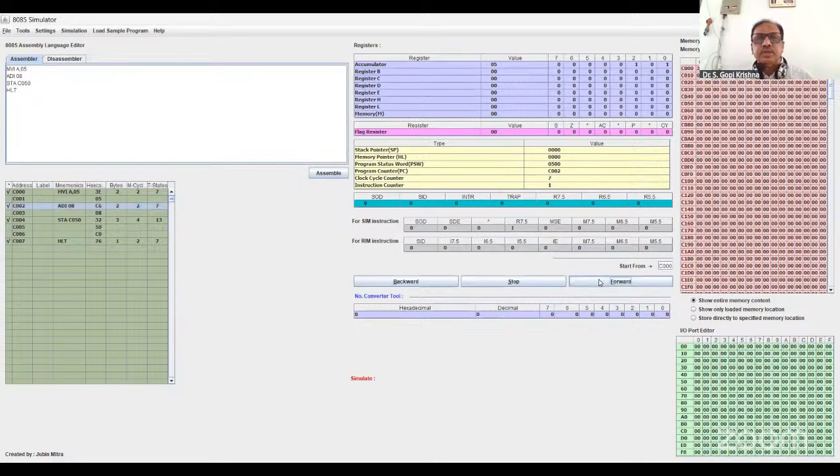Let's see: 05, 08, 0D, and directly it is added. So this is how the instructions work. So ADD immediate is this. Then ACI, add immediate to accumulator with the carry.